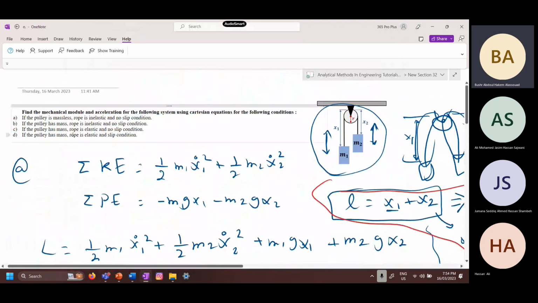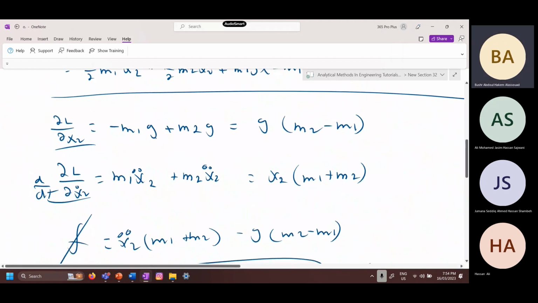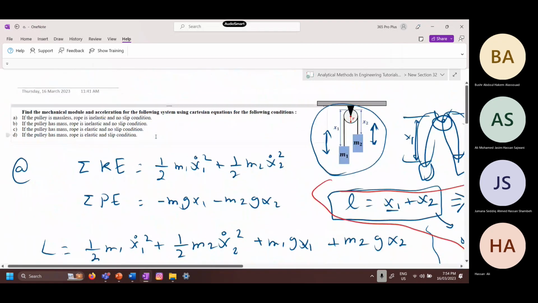Okay, so part C, if the pulley has a mass, the rope is elastic and no slip condition. You can see here that we have a problem. Just give me a second.